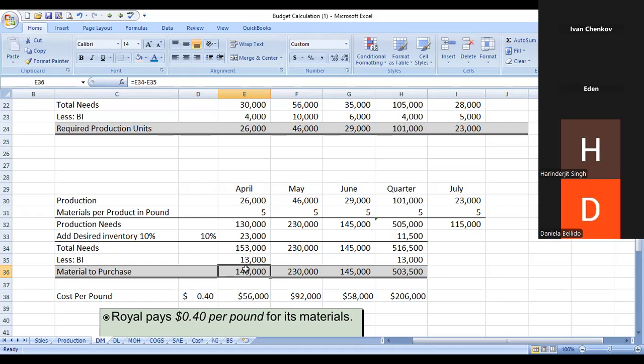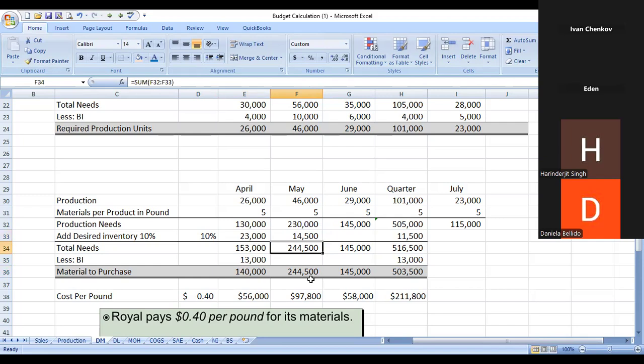Now let's see how much material we need to purchase in May. In May, we need 230,000 pounds to guarantee our production. Plus, we need 10% of the next month's production. So we're going to get those 10%, so we can start the quarter with 10%, or available 14,500 pounds.